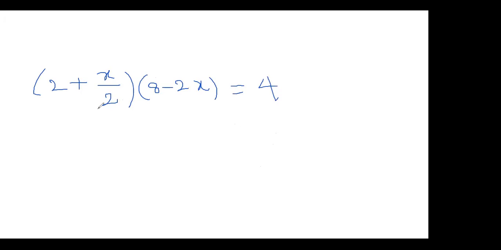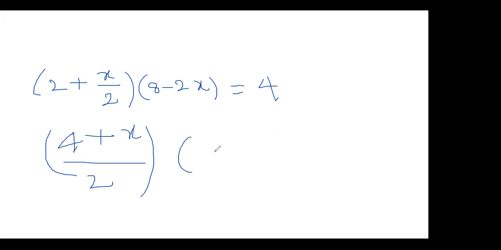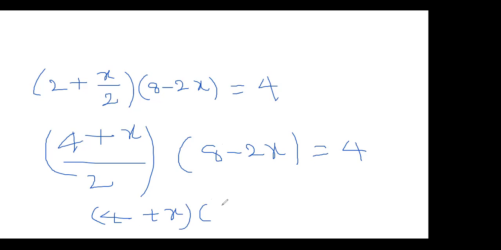Here what is the LCM? 2 is the LCM. 2 2s are 4 plus x by 2, and this is 8 minus 2x, is equal to 4. Now can I write the next step? 4 plus x into 8 minus 2x. 4 2s are 8. Right?